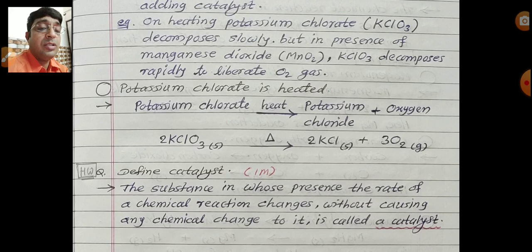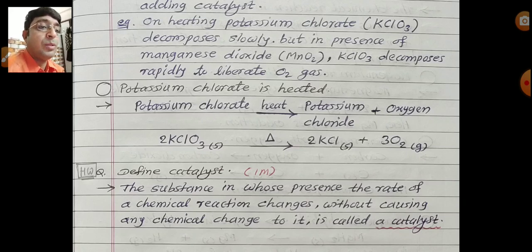That reaction can be asked separately for 2 marks. The question is: potassium chlorate is heated in the presence of manganese dioxide. The name of the catalyst is also given sometimes. So potassium chlorate, heat is mentioned on the arrow, that is the condition.